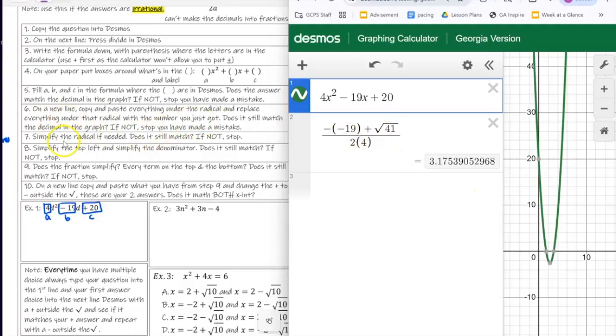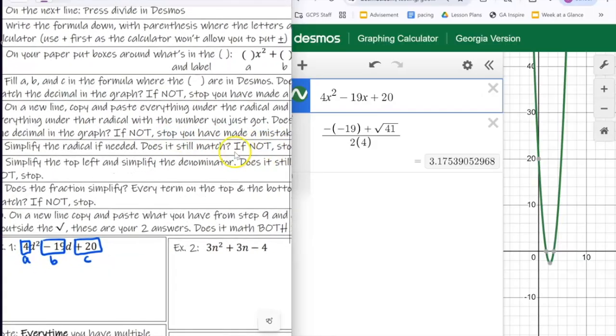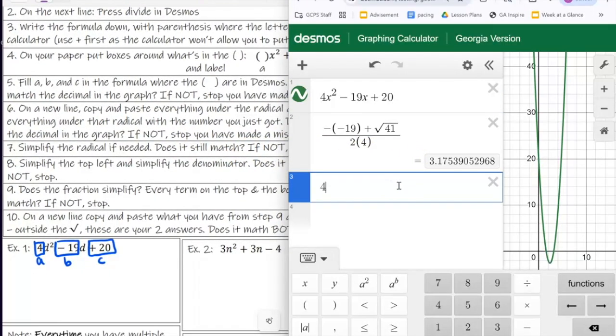All right, then it says simplify the radical if needed. Does it still match? If not, stop. Okay, so let's simplify 41. How do I do that? By breaking it down. Checking 2, that doesn't work. 3, that doesn't work.